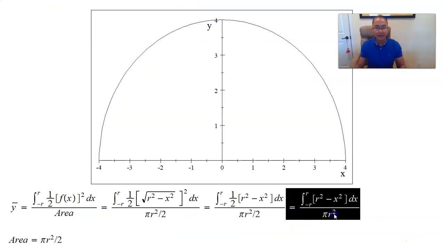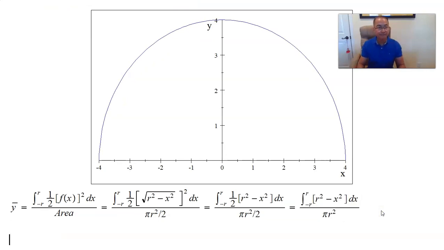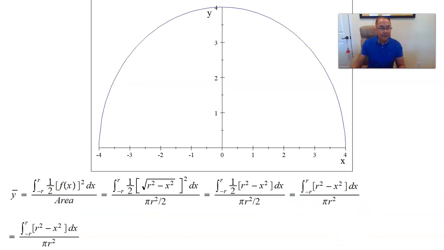And we need to integrate the numerator. Again, with respect to x, r is a constant with respect to x. So that antiderivative is r squared x, and x squared becomes x cubed over 3. We are integrating from negative r to positive r.